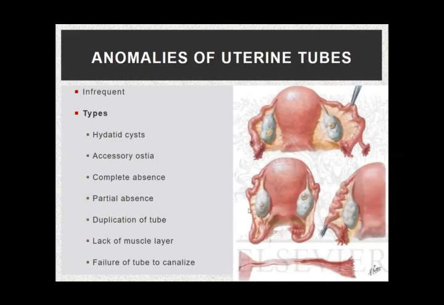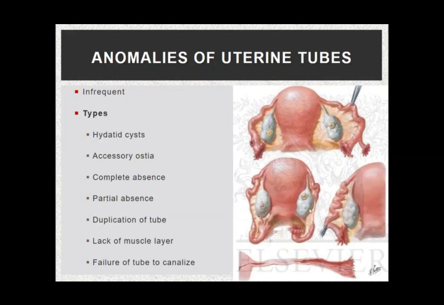या ये कि it lacks muscle support in places or completely, or failure of the tube to canalize. ये देख लीजिए, ये tube है, you have a lumen over here, you have a lumen over here, partial or complete loss of canalization. तो ये सब जो है ना, ये देख लीजिए, lumen not canalized. ठीक है.